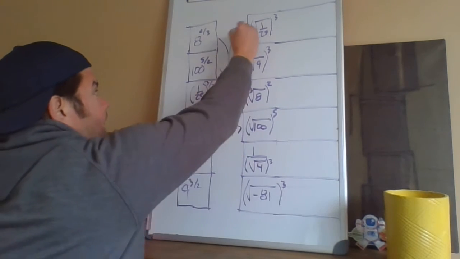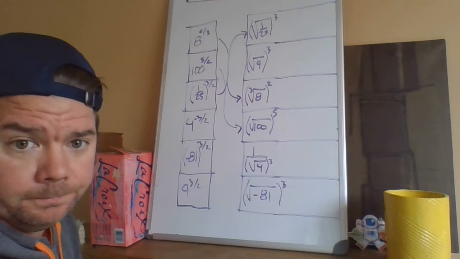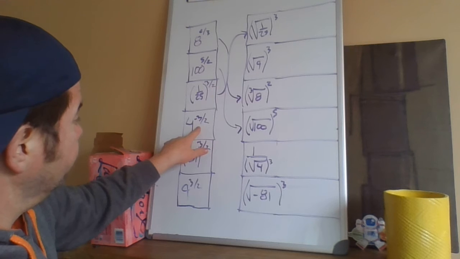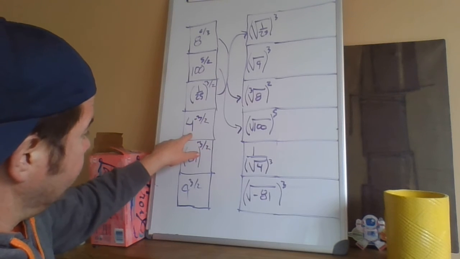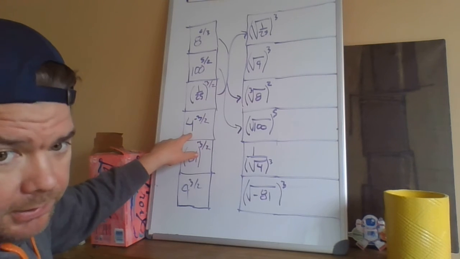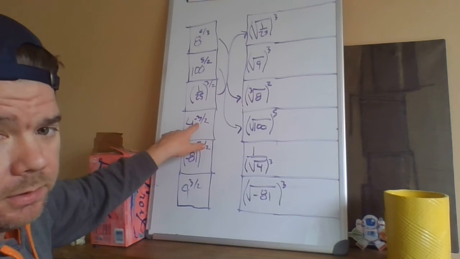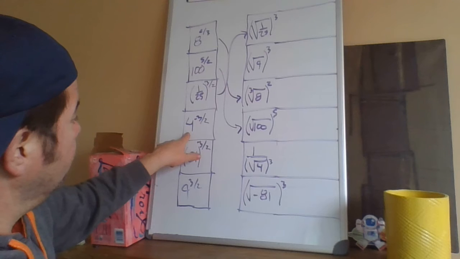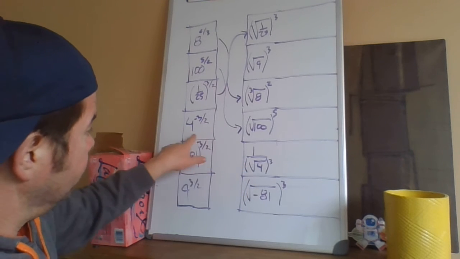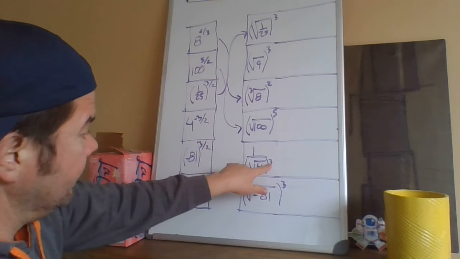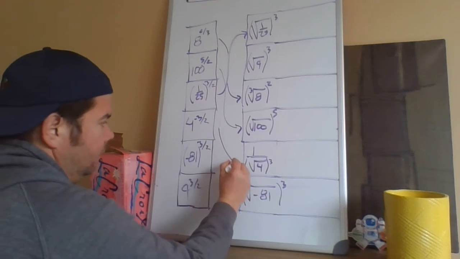That looks like this one. 4 to the negative 3/2. Well, the 4 is going to end up in the denominator of a fraction, because I've got a negative exponent. So that looks like this, right? And it makes sense because this is telling me square root and then raise it to the 3rd power.